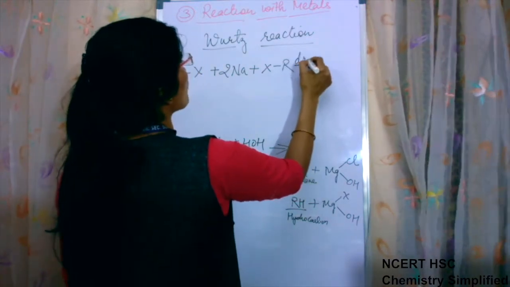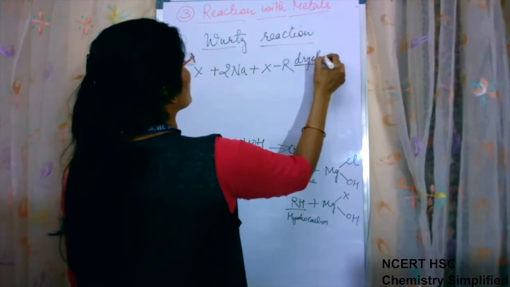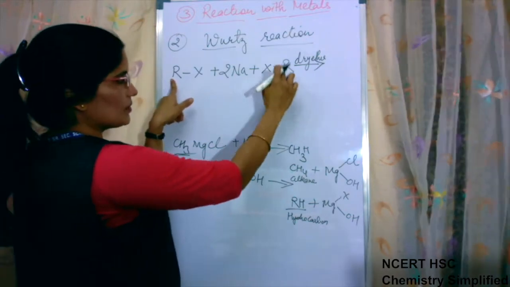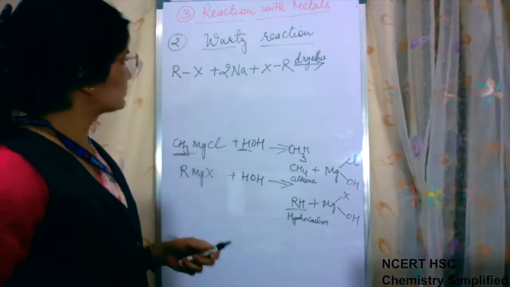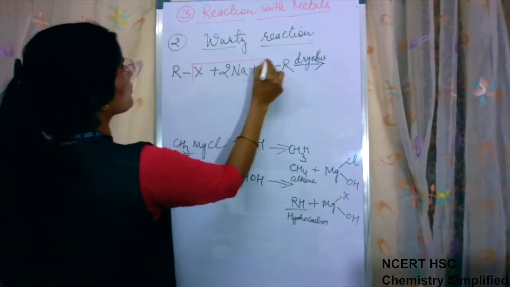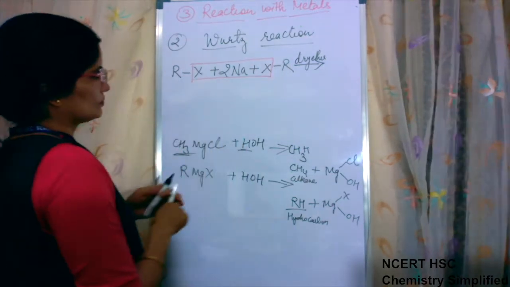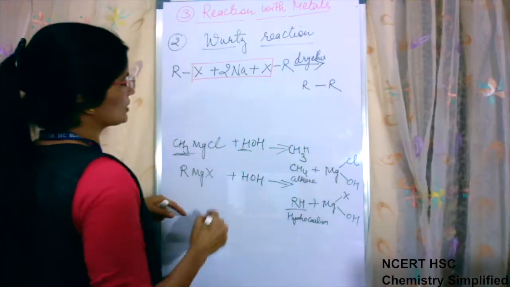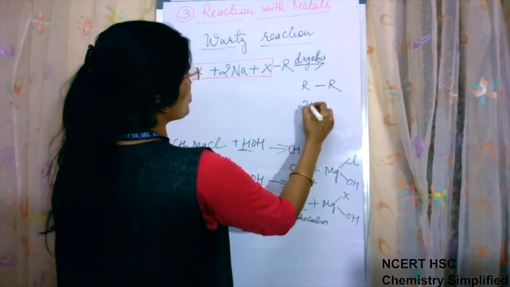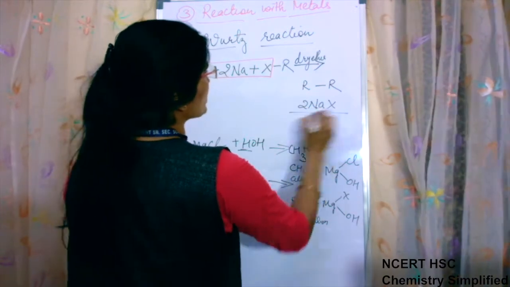In presence of dry ether, this R group may be same, may be different. Okay. Then what will happen? R-R will be formed and 2NaX will be byproduct.